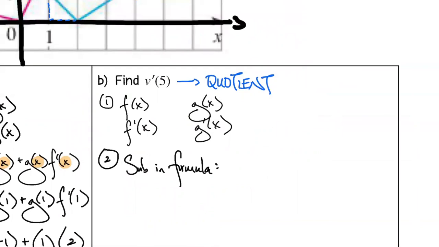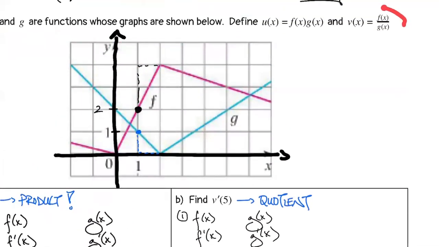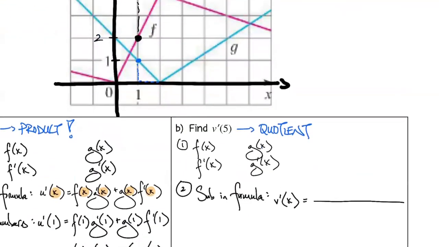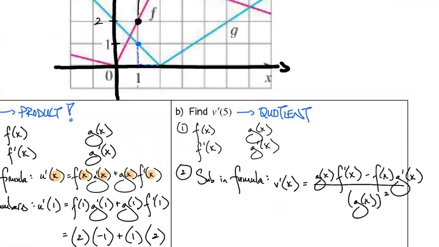So v prime of x equals: the numerator is f of x, the bottom is g of x. So when we plug things into our formula, we have g of x times f prime of x minus f of x times g prime of x, all over g of x squared.